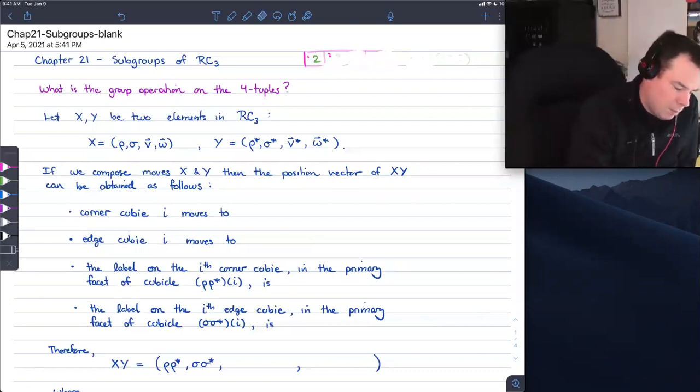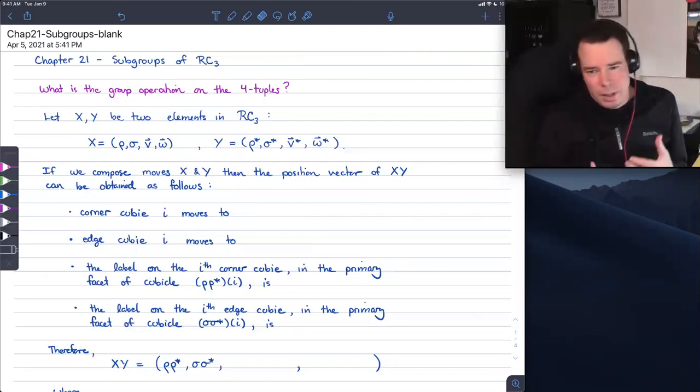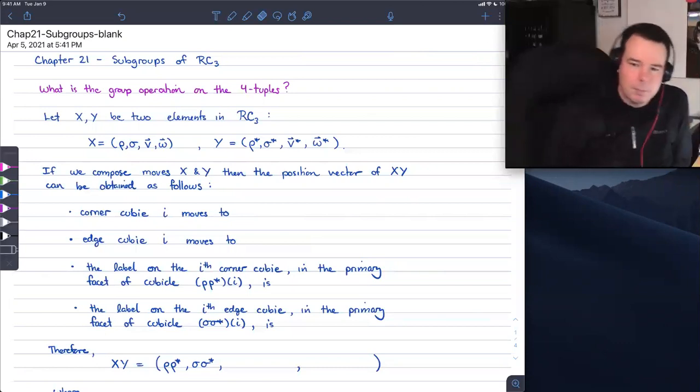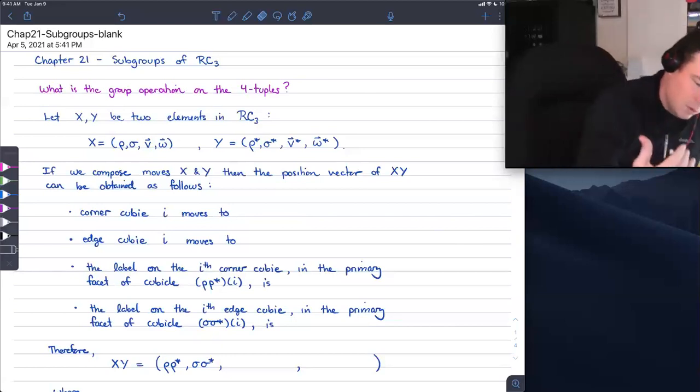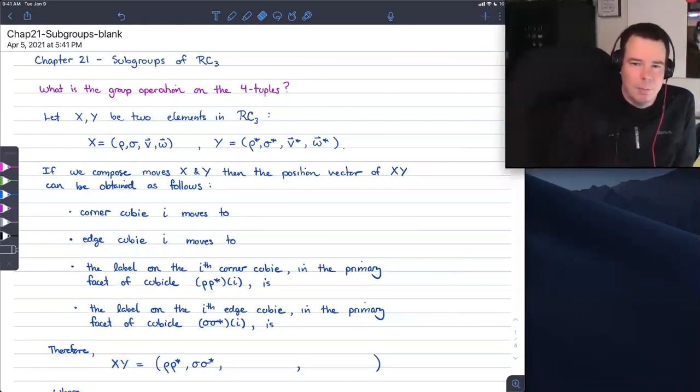We have these position vectors, these four tuples that represent the state of the Rubik's Cube. So suppose I had two of them. I had an X position vector, which was rho, sigma, V, W, and I had a Y position vector, rho star, sigma star, V star, and W star. Now I think of X as the position vector that I get from going from the solved state to the particular state I'm in.